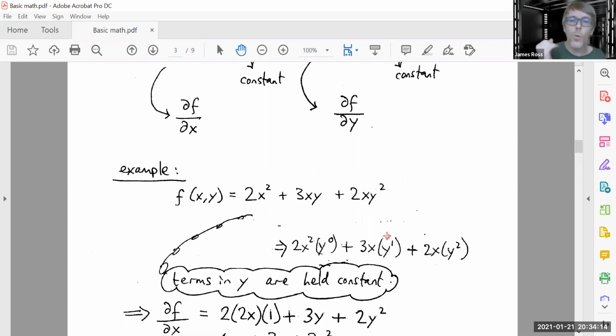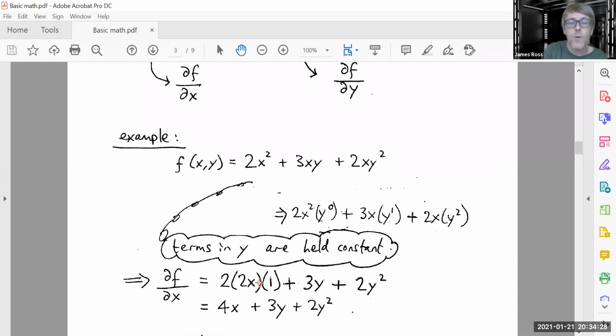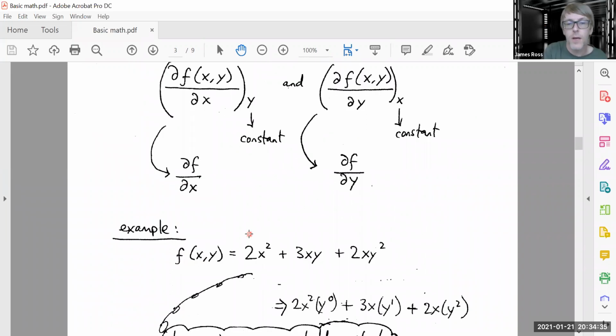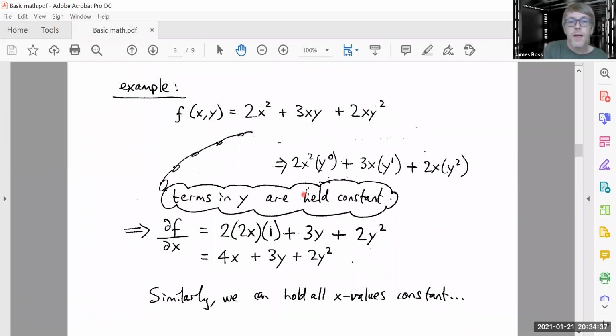We're going to look at one variable at a time whilst keeping the other fixed. So arbitrarily, it doesn't matter which order you do it in, I'm going to keep all terms in y constant initially. This is how I'd write it. So all terms in y, I can just write as constants.